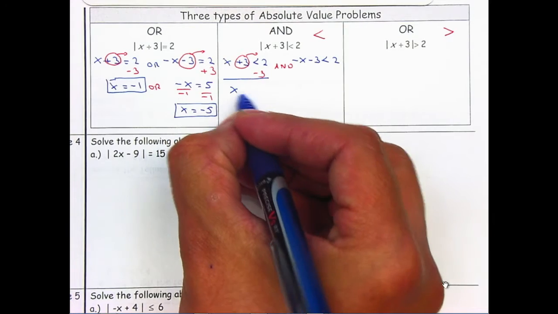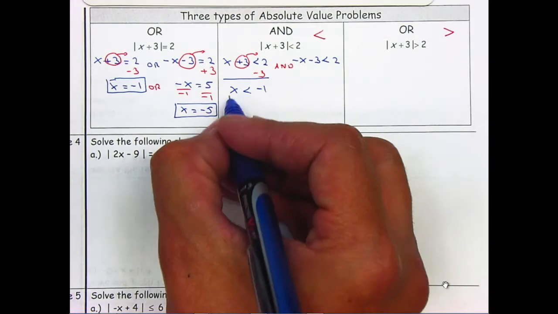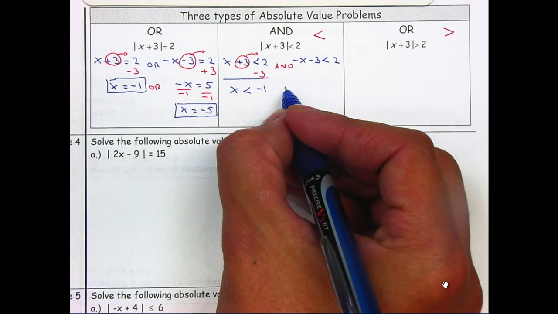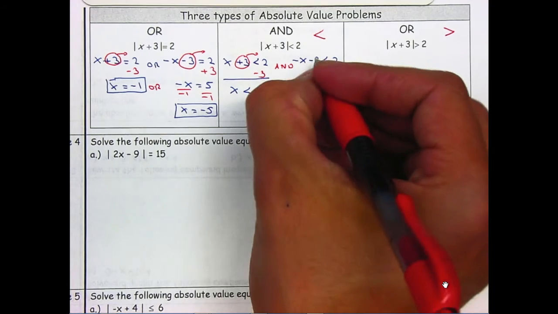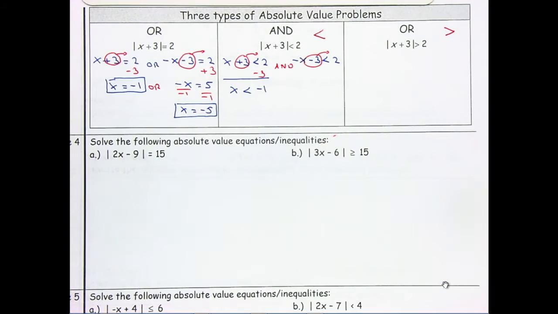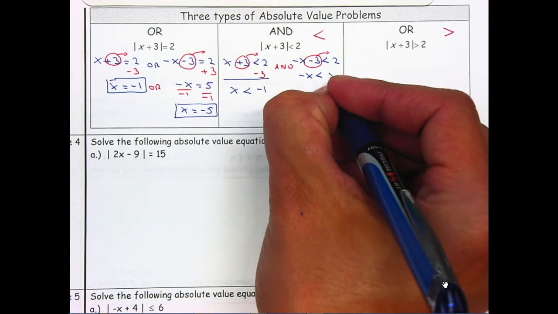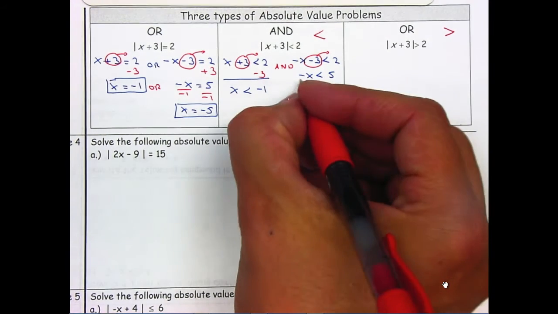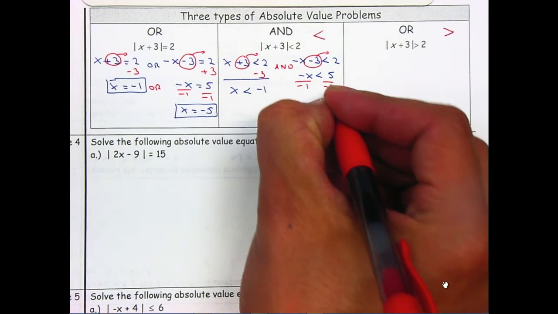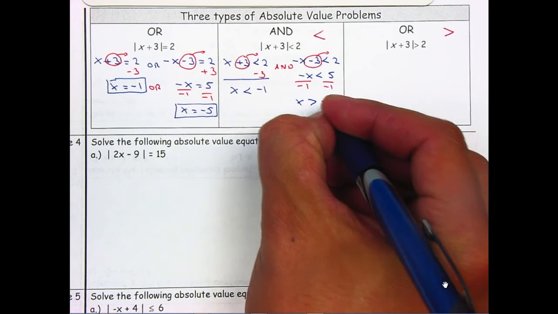So we have x is less than negative 1. And we're going to move the negative 3 to the right, becomes a positive. We have negative x less than 5. We're going to divide by negative 1. And remember, when we divide by a negative number, we have to flip the inequality. So we have x is greater than negative 5.